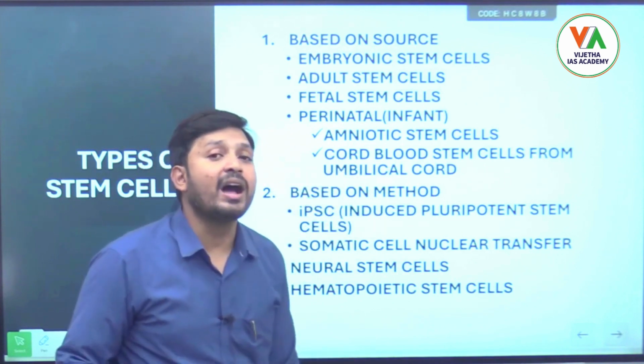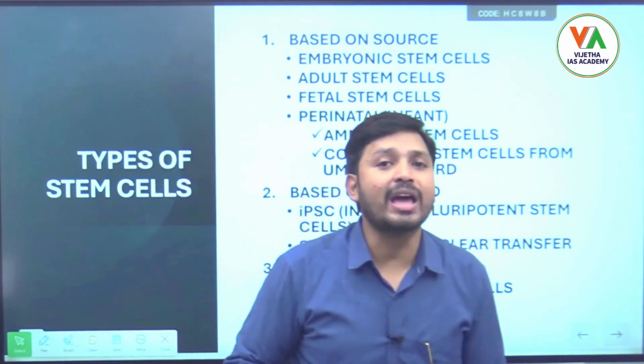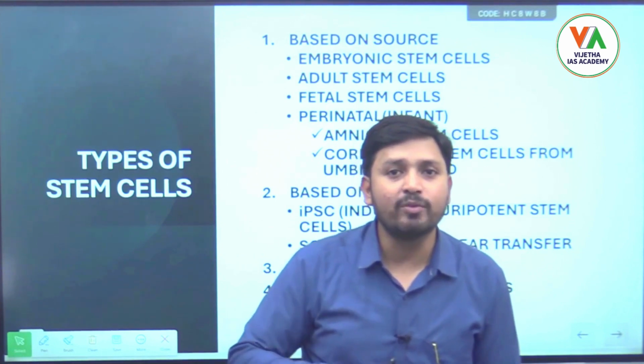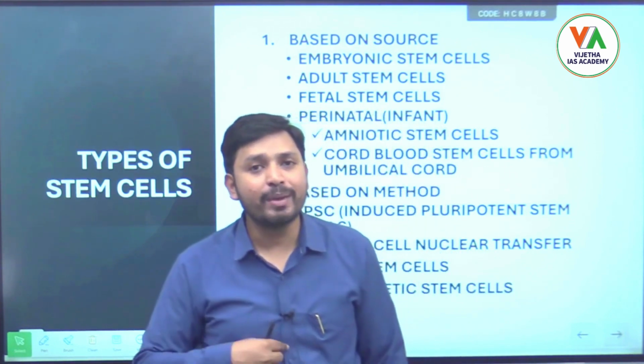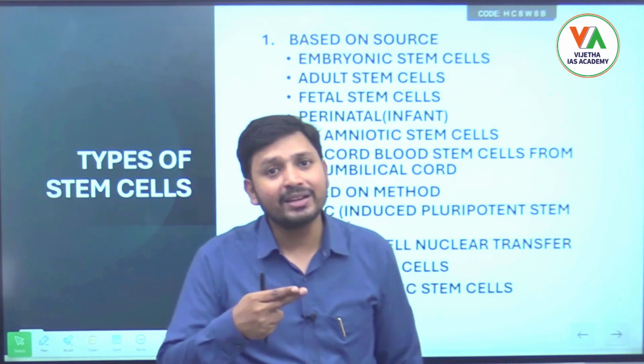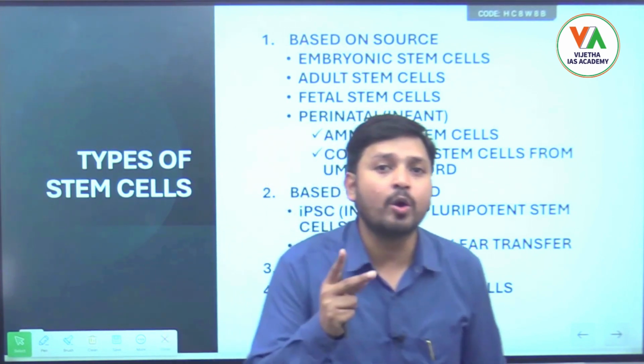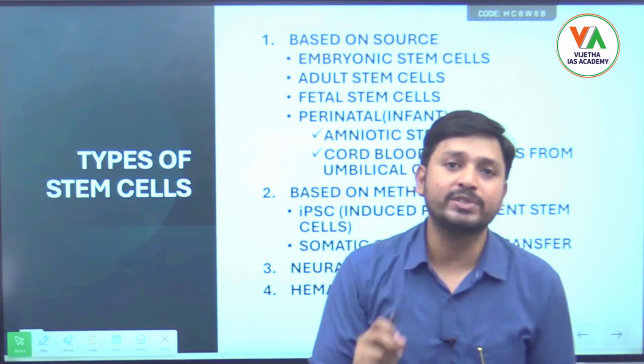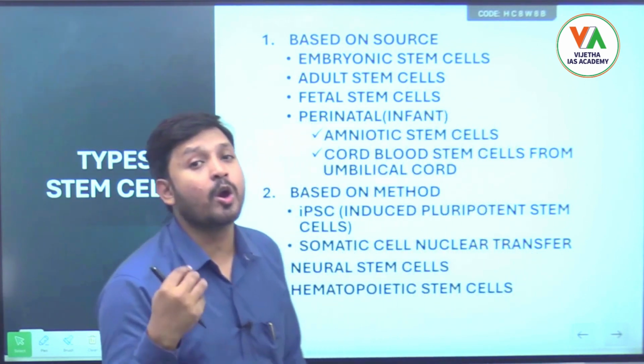After childbirth, there is the umbilical cord connecting the baby and the mother, right? After birth, they will cut that umbilical cord. That umbilical cord will also have certain blood. That blood will have stem cells, which are called umbilical cord blood stem cells.